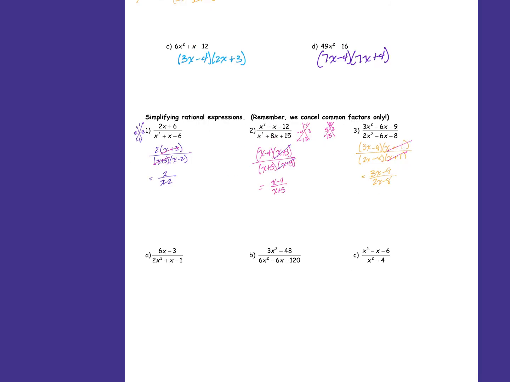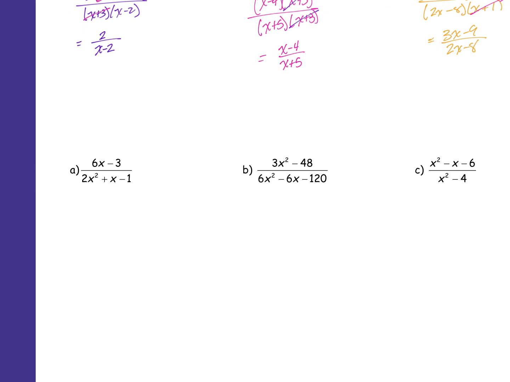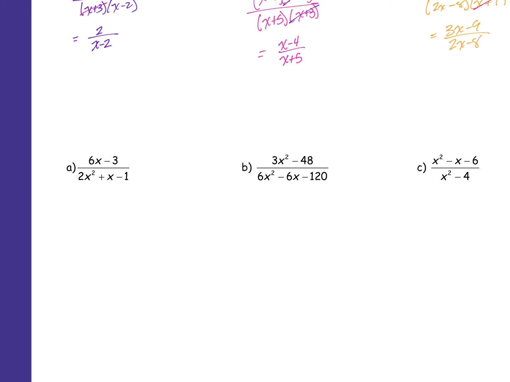Okay, so you guys try on A, B, and C. We're doing the same thing. So the first one, I'm just going to go ahead and start. You guys can keep working on the third one if you need to. So I've got 3 times 2x minus 1.